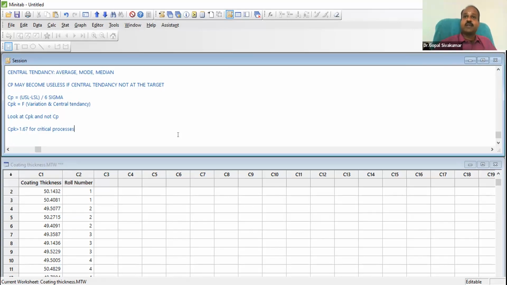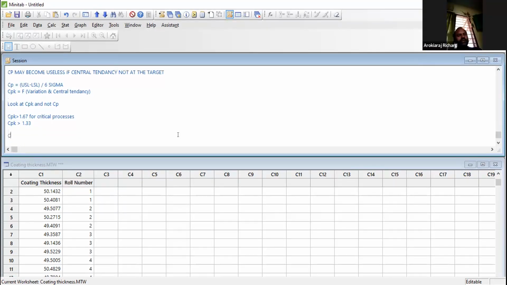Now, which is more critical? Passing the exam is more critical. So we have to make sure we keep it more and more capable. Wherever a process is critical, CPK should be 1.67. Wherever it is less critical, you should be happy with 1.33. All of you understand? Yes, sir.